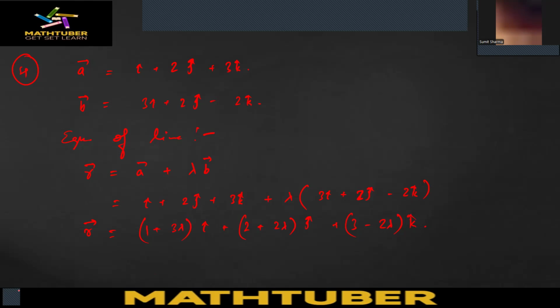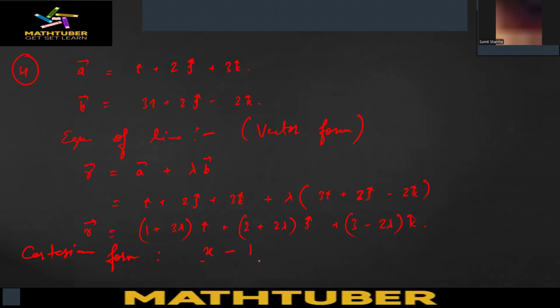Since the fourth and fifth are the same question, I'll do it for this one only. I will write the Cartesian form also. This was the vector form, and the same you have to do in the fifth question. Now, the Cartesian form is x minus x1, where x1, y1, z1 is (1, 2, 3), the coefficients of the a vector, and A, B, C are the direction ratios of the b vector, which is the parallel vector.